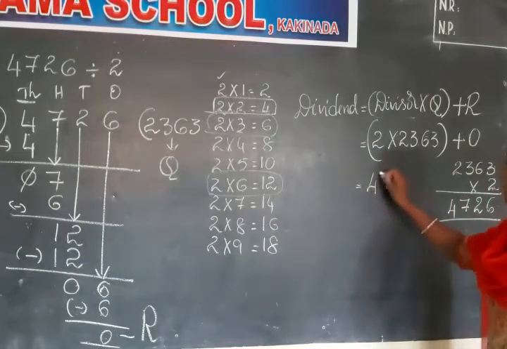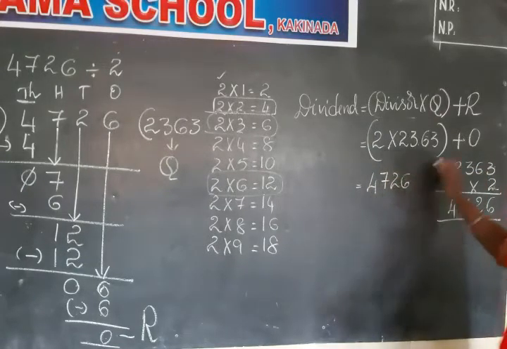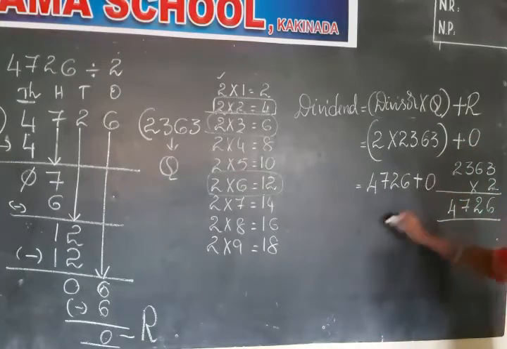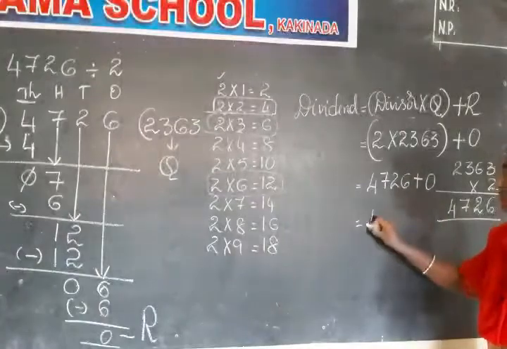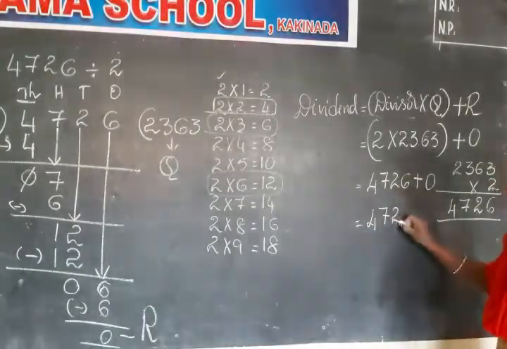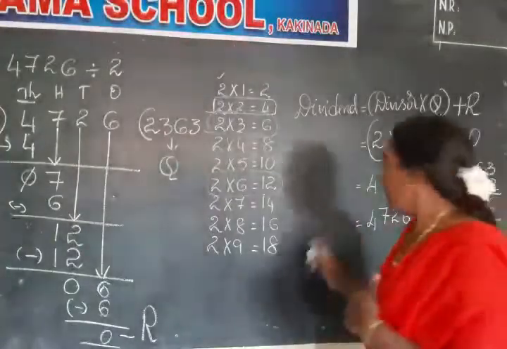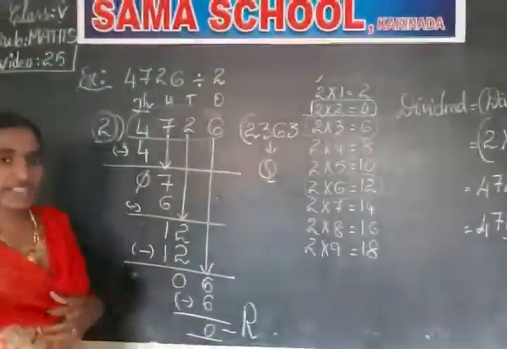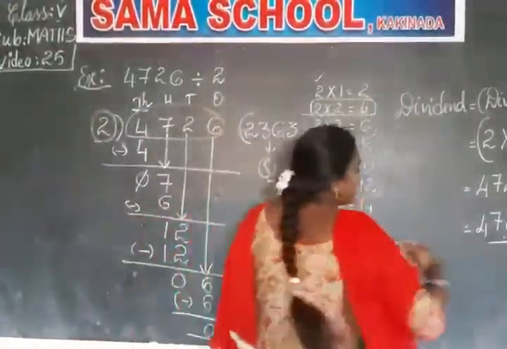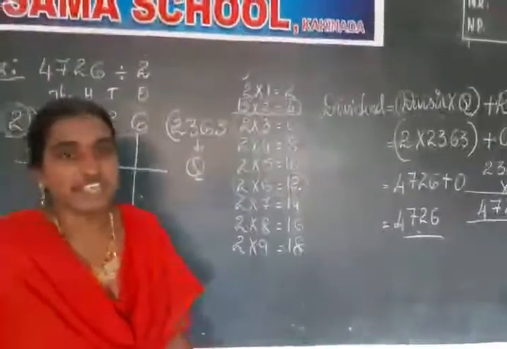So 4726 plus 0. If any number is added to 0, what is the result? The same number will be the result. This is one of the properties of addition. And check whether we got the dividend or not. We got the same answer. This way we can check the answer.